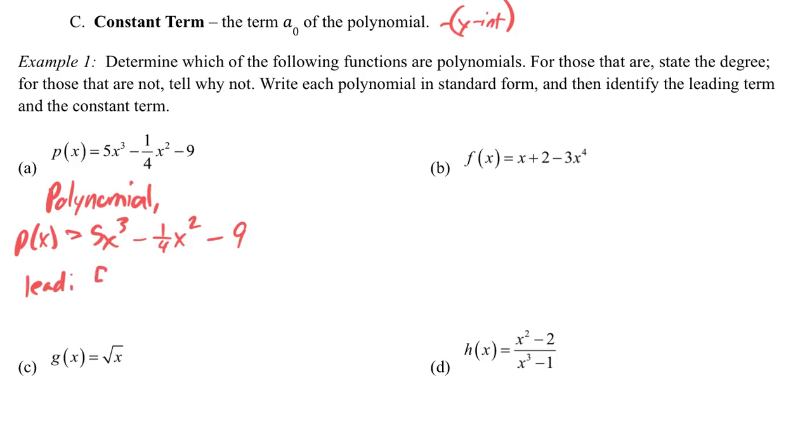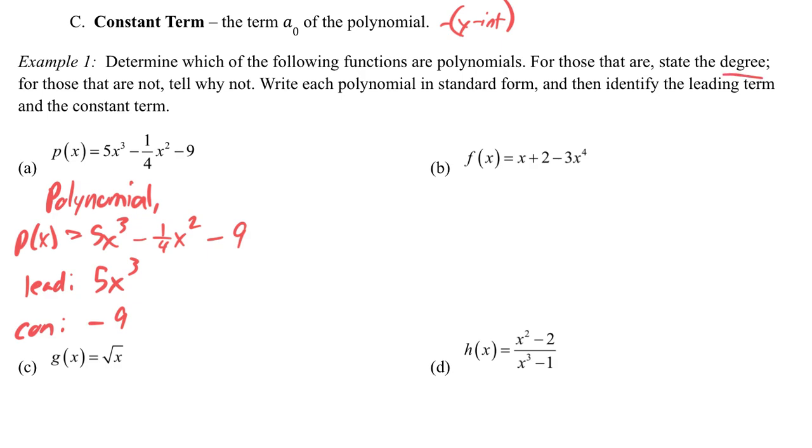The leading term is the entire 5x cubed. The constant term is the minus 9. Keep the sign with the term.